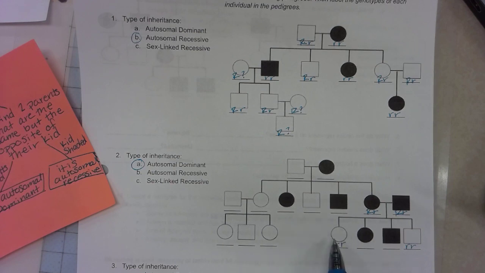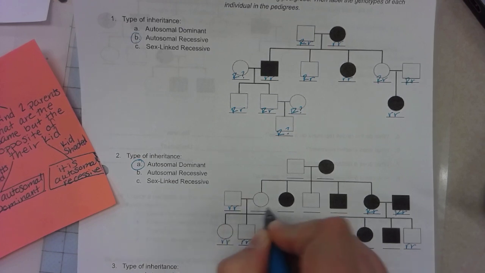So in this pedigree, because it is an autosomal dominant trait, the recessive people, the people who have the recessive phenotype, are going to be unshaded. So you can go ahead and write in for everyone who is unshaded, little r, little r.